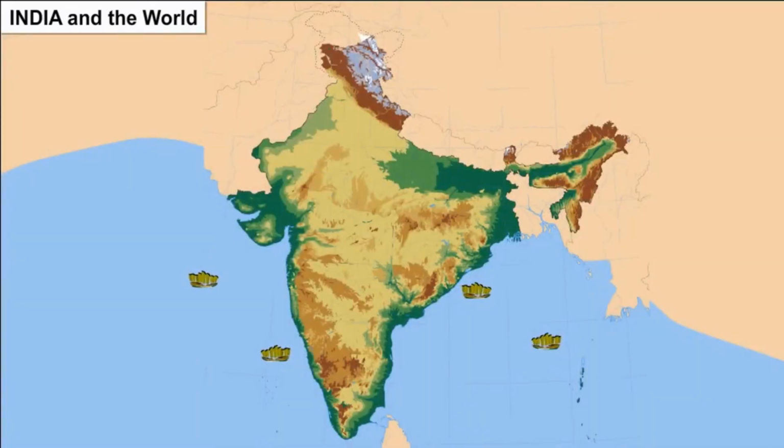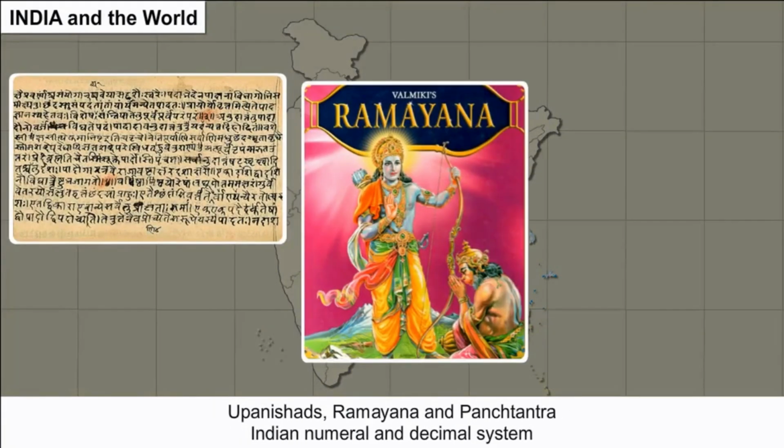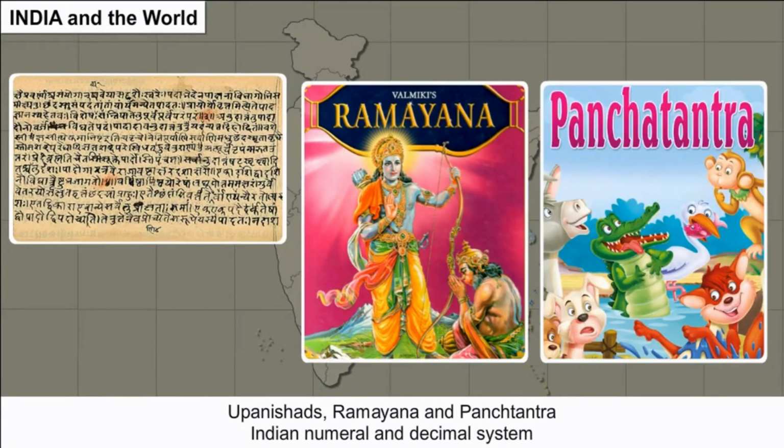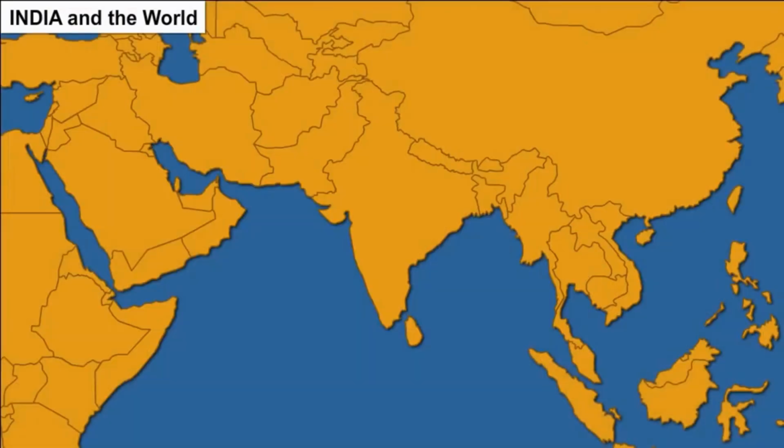Protruding into the Indian Ocean helped India establish trade contacts with Africa, West Asia and Southeast Asian countries. Trade contacts made cultural, religious and artistic exchange possible. This is how the teachings of Upanishads, Ramayana and Panchatantra, along with the Indian numeral and decimal system, reached various parts of the world.